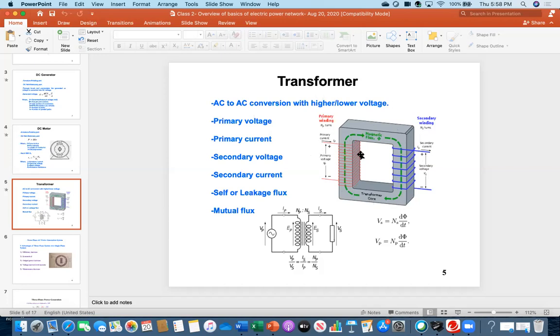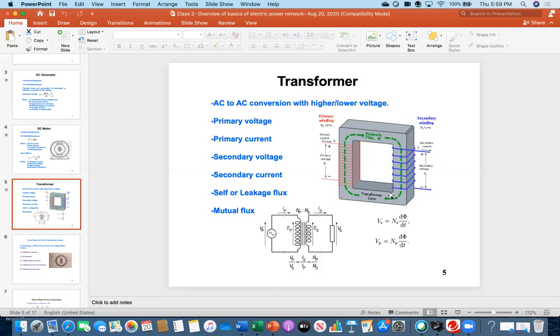One set of coil is placed on the left side, which is called the primary side. On the right side, there is another coil placed, this blue colored one, called the secondary coil. And you see, they are not electrically connected. This coil has no connection with that coil, but they are placed on the same magnetic core material, the transformer core.